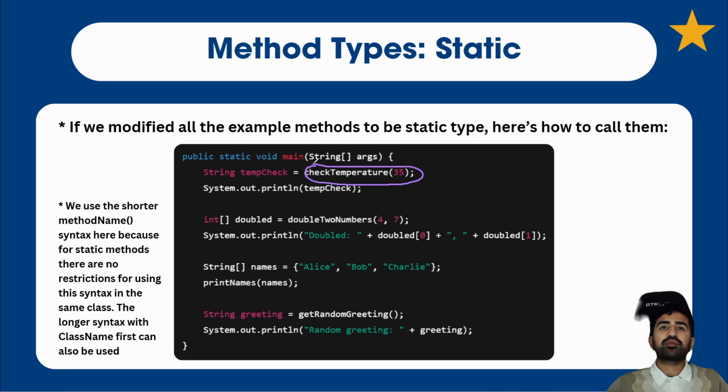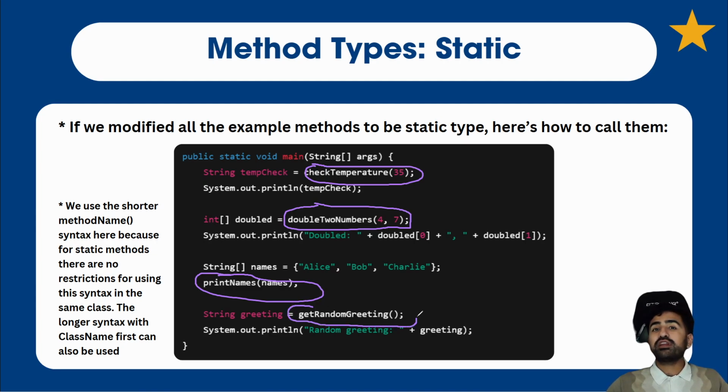We didn't have to do app.checkTemperature. We just do doubleTwoNumbers, printNames, getRandomGreeting. We didn't need an object in front of it. In fact, there's no object at all. Last time we had Main app equals new Main. We don't have to do that because these are all static methods.